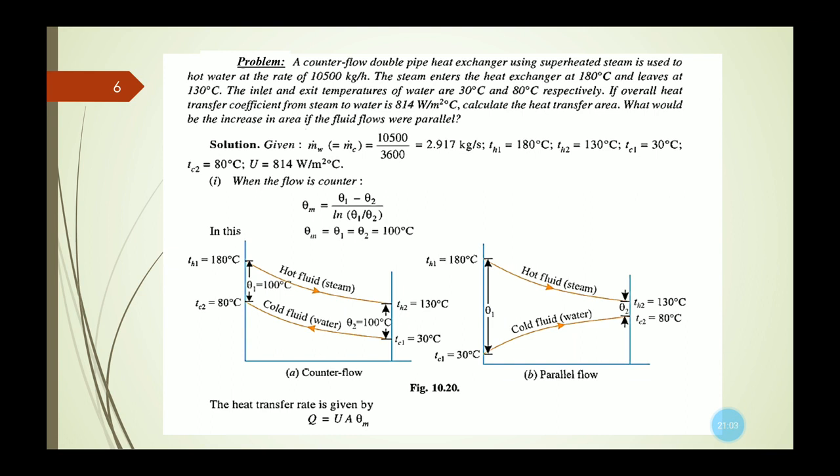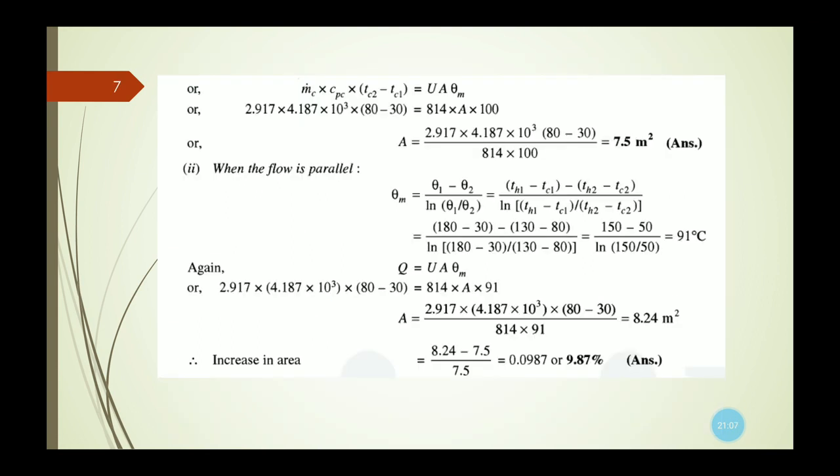So the heat transfer rate can be calculated using Q equals UA theta m. What is the value of this Q? That is m dot Cpc multiplied by Tc2 minus Tc1, equal to UA theta m. U is given in this numerical, 814, capital A we need to calculate, and theta m, that is the LMTD, is 100.